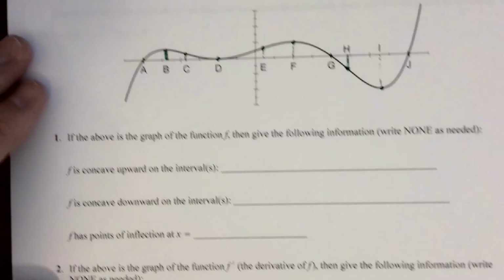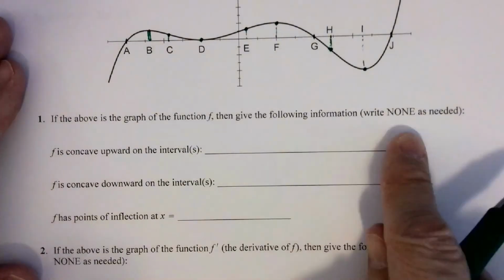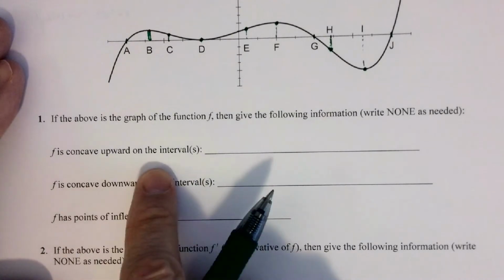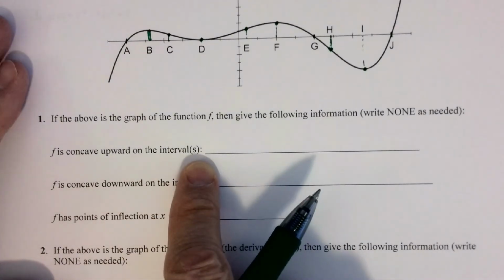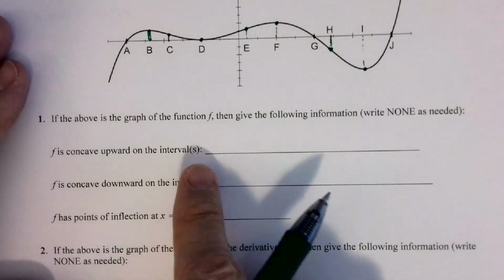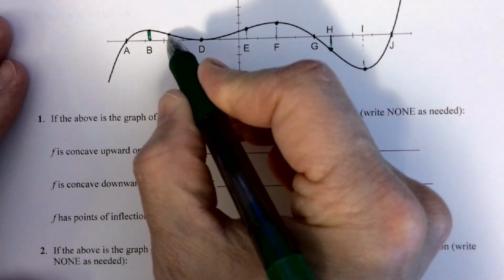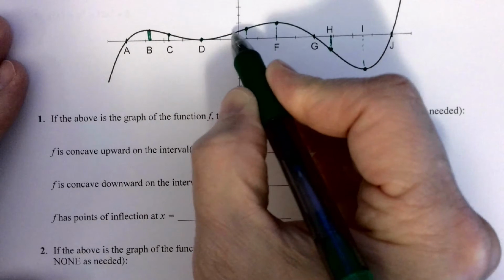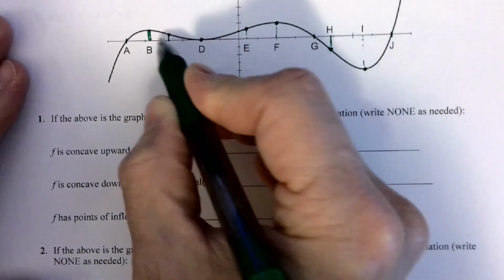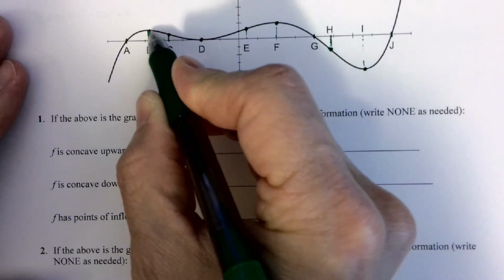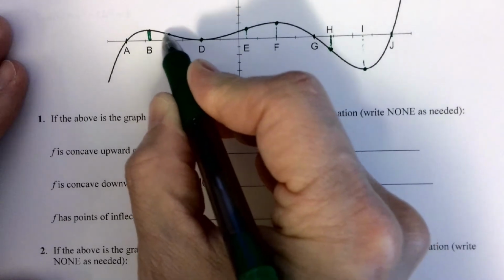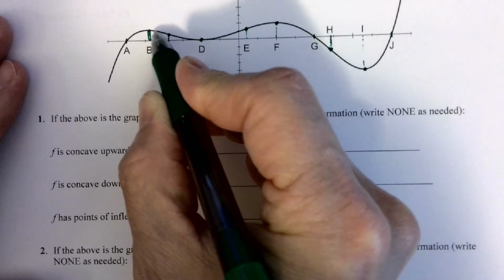Now, if the above is the graph of the function f, let's answer the following. Where is the function concave upward? So where's the graph smiling at you? Well, here's a portion where it's smiling right here. Looks like this portion to me, though again, it's hard to tell exactly. It looks almost linear right here. But this portion here looks like it's part of a frown.